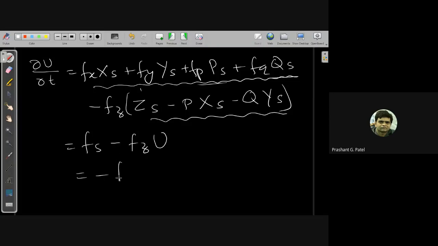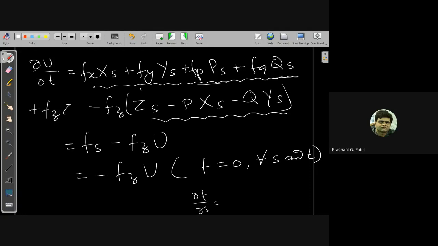Now that is equal to minus Fz U, because F is 0 for every s and t. So this value is 0. And what is Fs? It is nothing but del F by del s, and F is a function of x, y, z, p, and q.